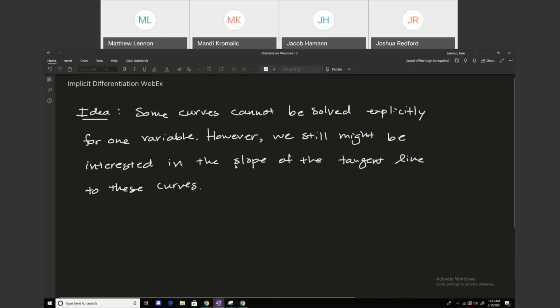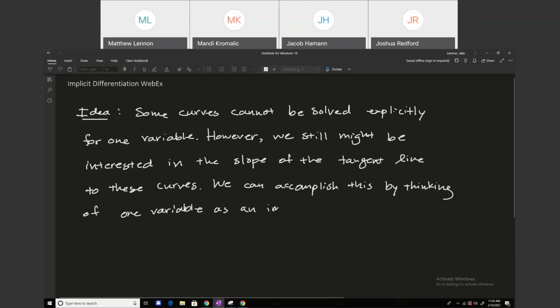And so we can accomplish this by thinking of one variable as an implicit function of the other.